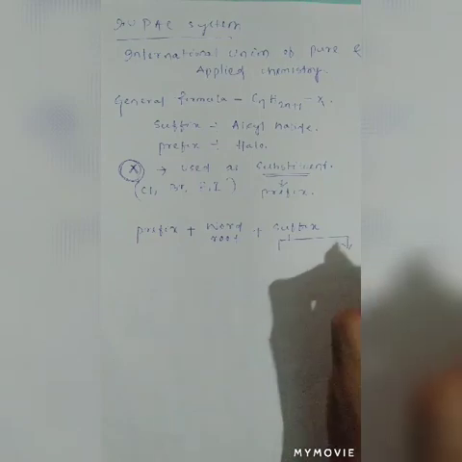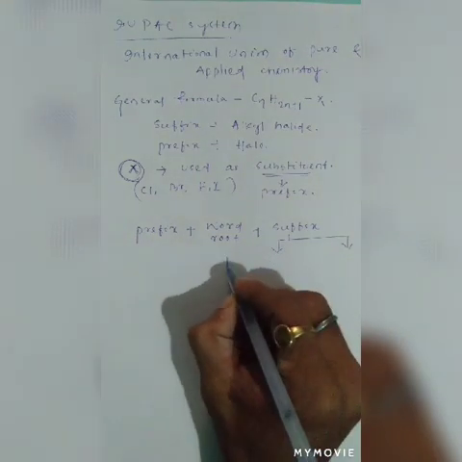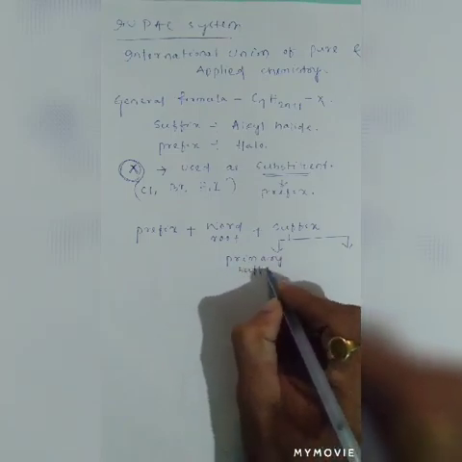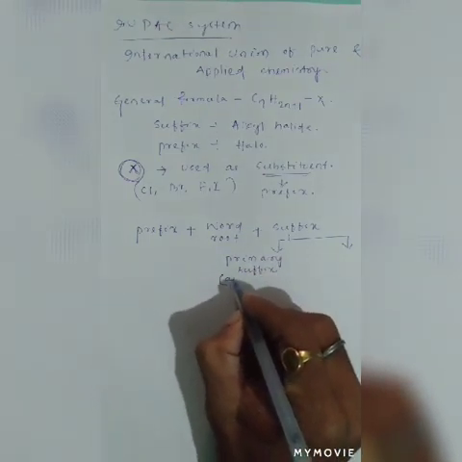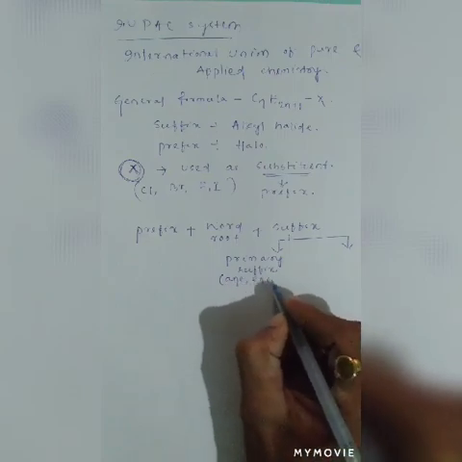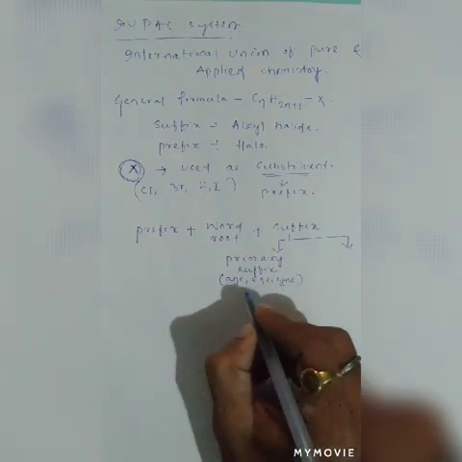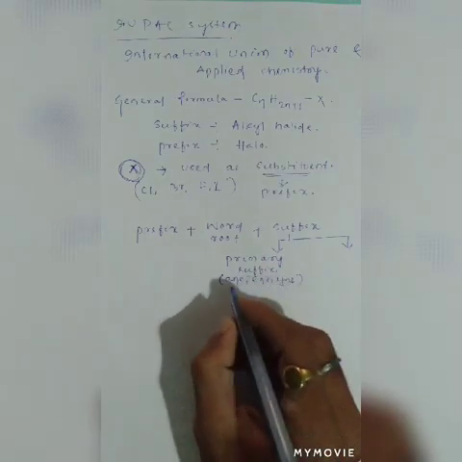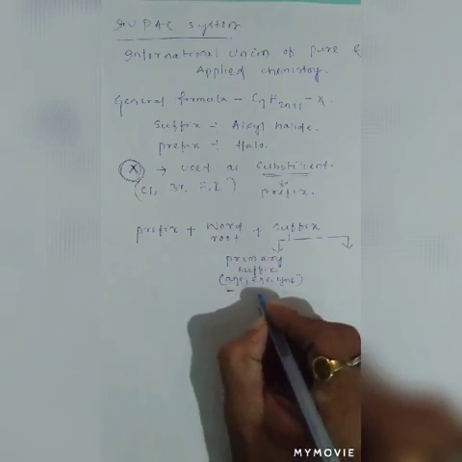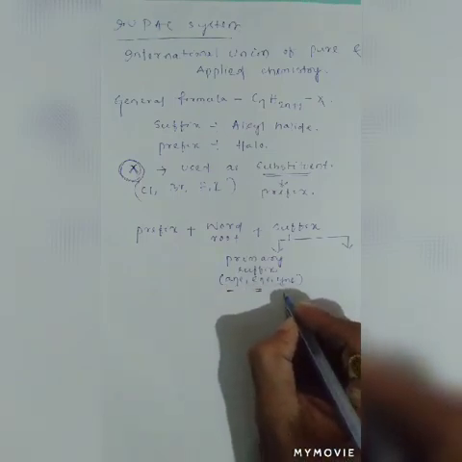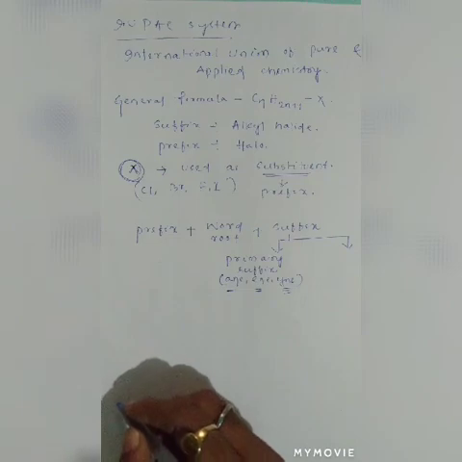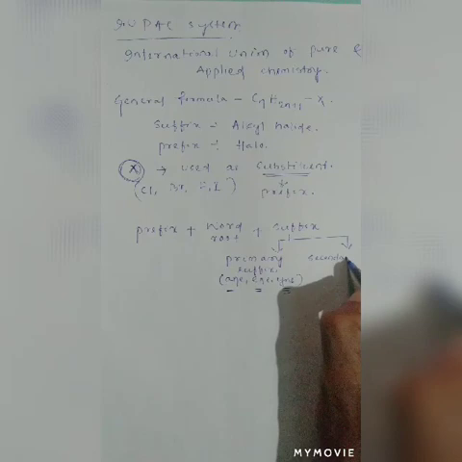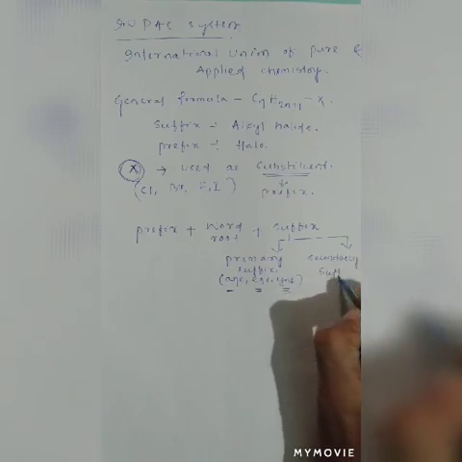One is the primary suffix, that is ane, ene and yne. For alkane ane, for alkene ene, for alkyne yne. For alkane there is a single bond, for alkene a double bond, and for alkyne a triple bond. And the secondary suffix.